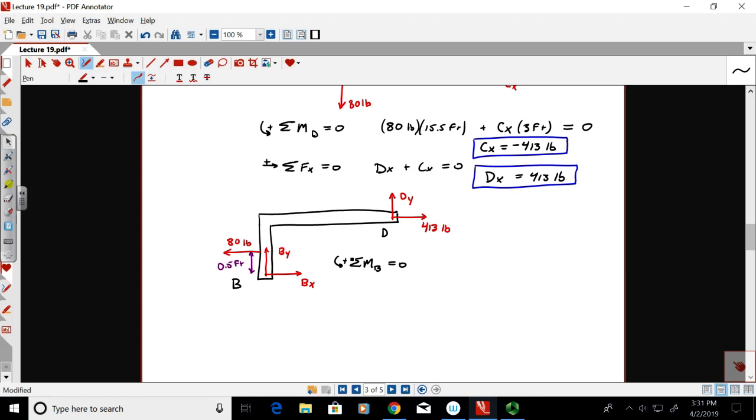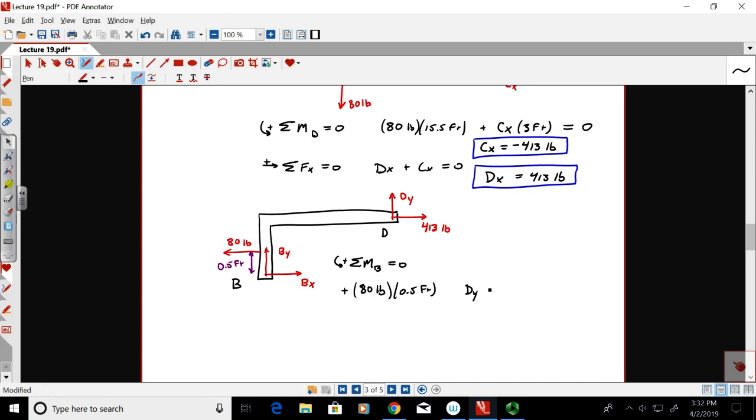It looks like a positive moment because it's counterclockwise. So it's 80 pounds times its perpendicular distance to B, which we already wrote in purple over there. That's half a foot, 0.5 feet, and that's positive. What else is there? dy.